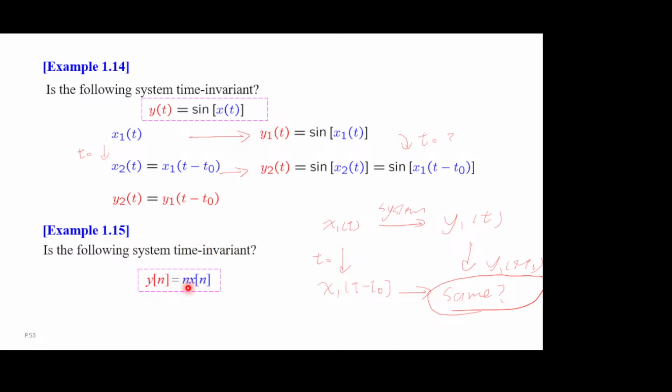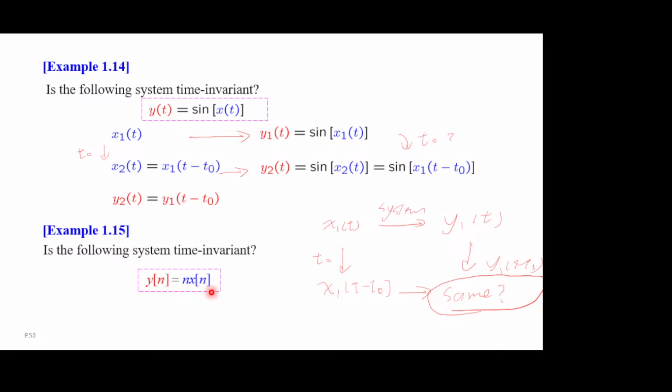You see the n here. Although I'm writing a very complicated function formula, you can just see this n here. It's very easy to find a counterexample showing it is not time invariant. Let's say x of n equal to delta of n, then y of n equal to 0.